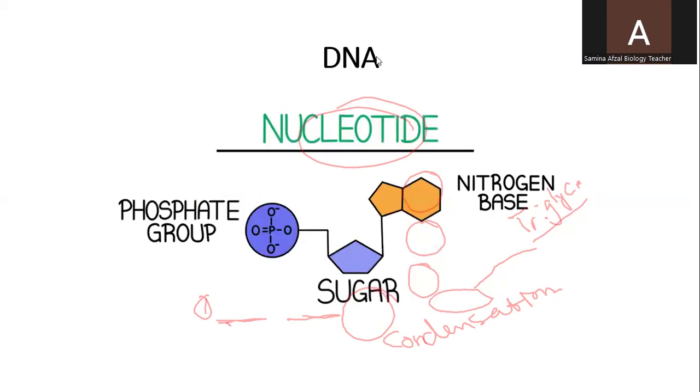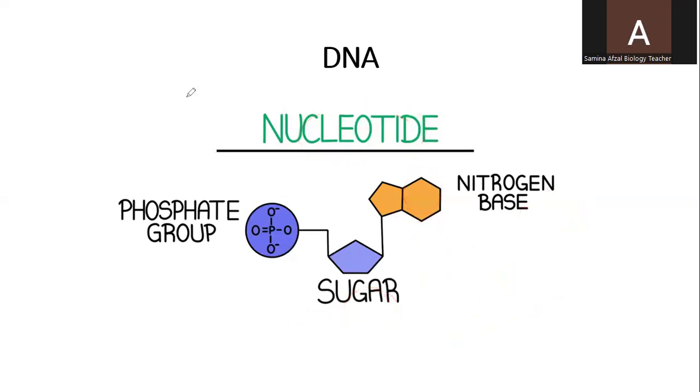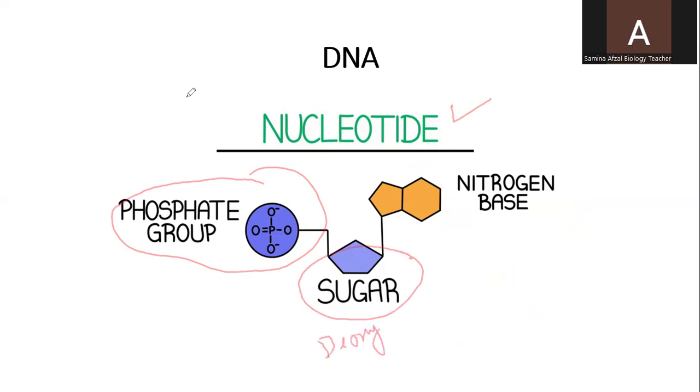Next, DNA. The unit of DNA is the nucleotide, and you can see over here on screen the nucleotide, and it is made up of a phosphate group, a pentose sugar or deoxyribose sugar, and one nitrogen base, which can be adenine, guanine, cytosine, or thymine.